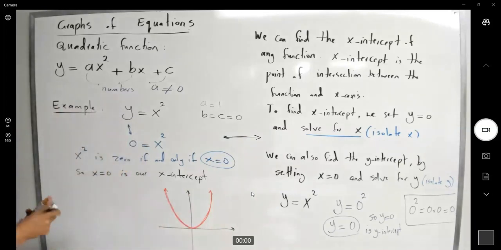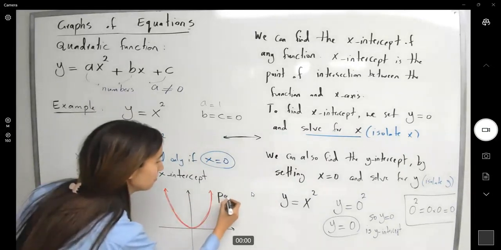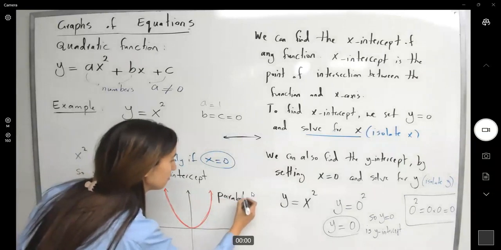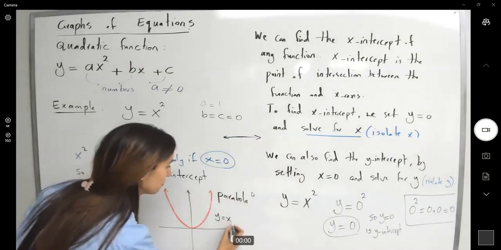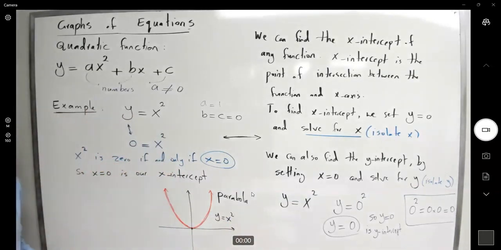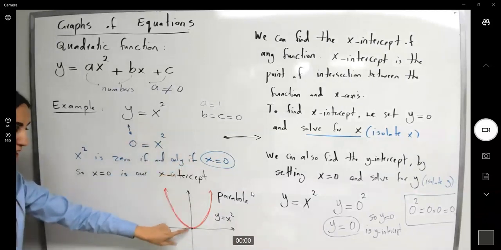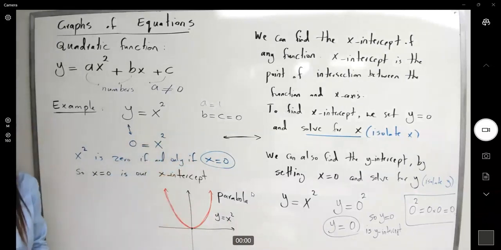This is the graph of y equals x squared. As you can see, the points of intersection with the x-axis and y-axis are both at the origin, x equal to 0 and also y equal to 0.